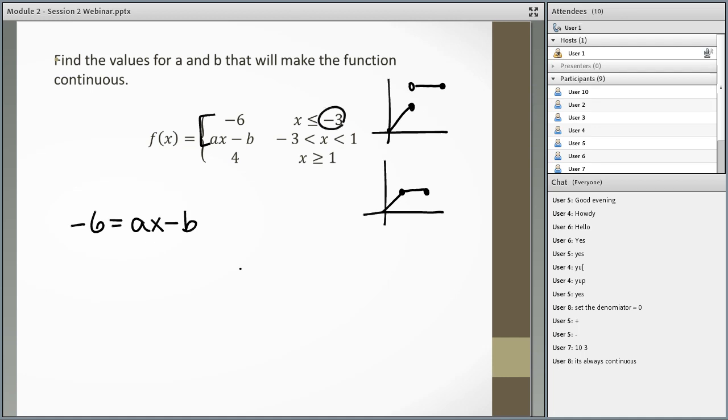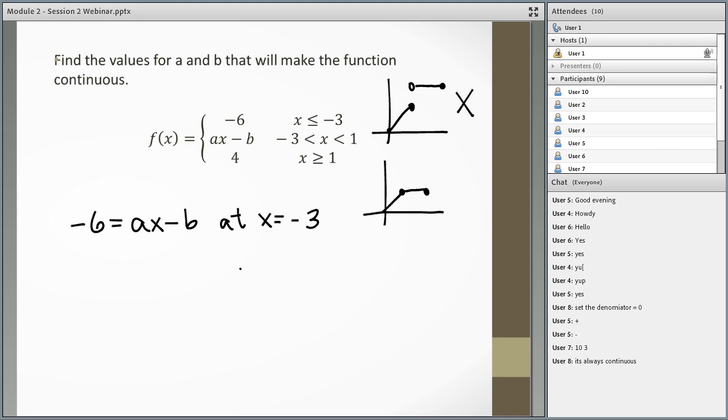Do we know that? Well, this one ends at -3, and that one starts at -3. So the idea is at x equals -3, in order to be continuous, we want those two to be equal to each other.